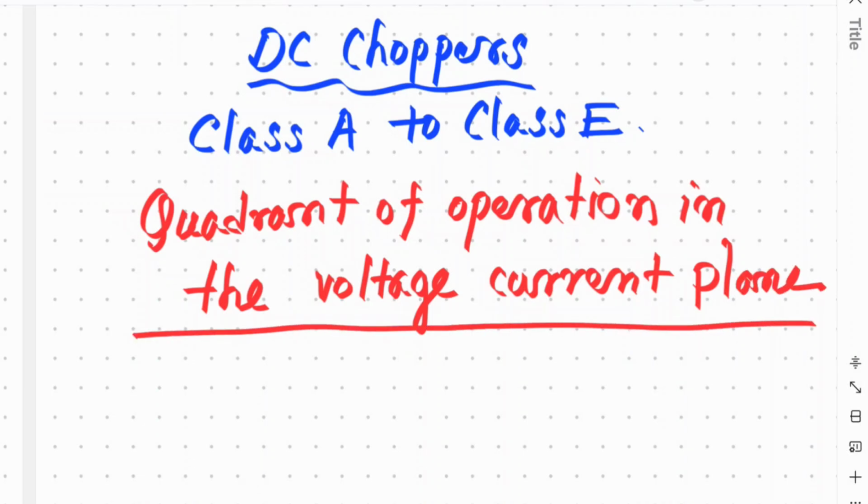So here we'll get a small introduction about all the types of choppers from class A to class E.